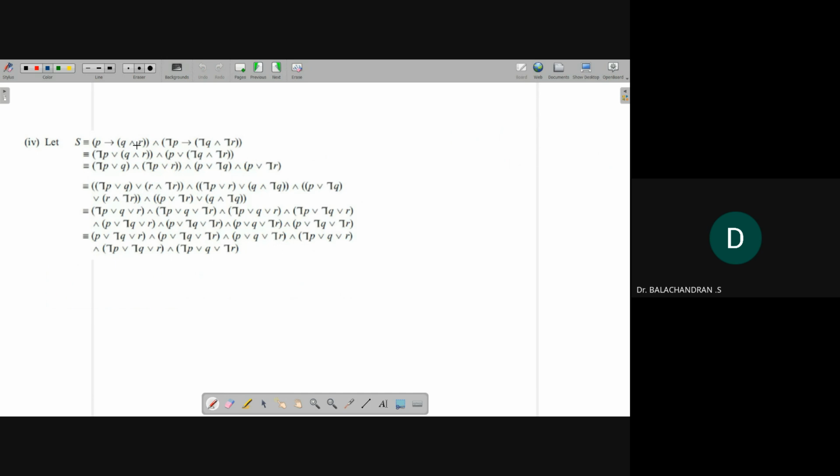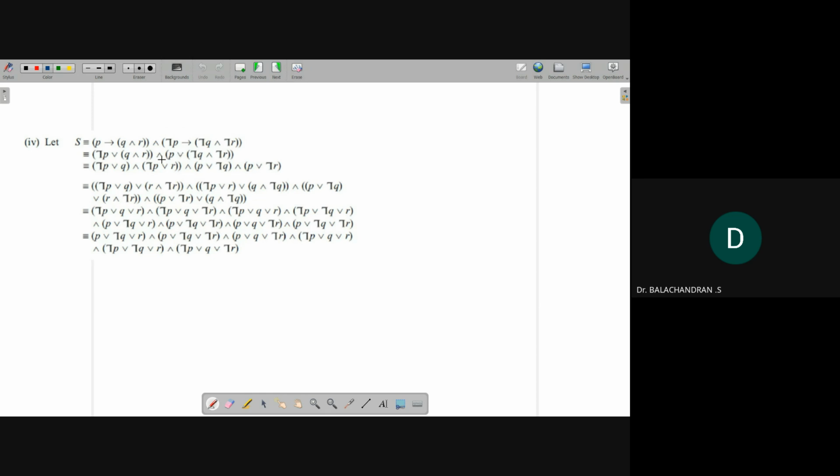P implies Q, you can write as negation P or Q, and P implies R as negation P or R. Suppose if you apply extended distributive law here, okay?